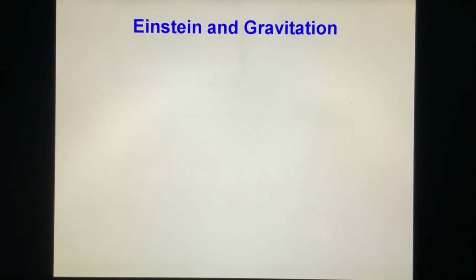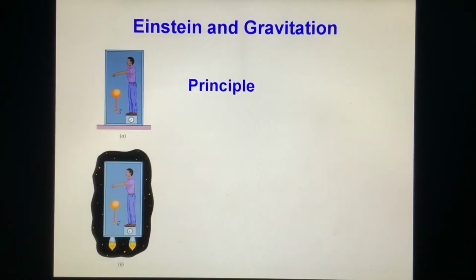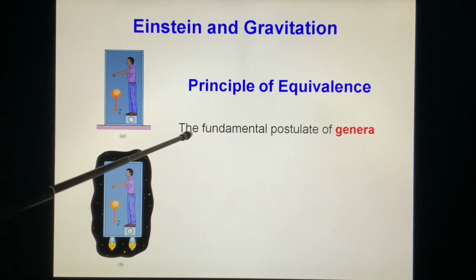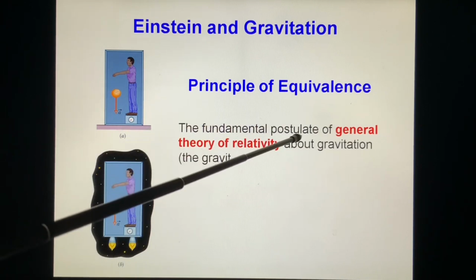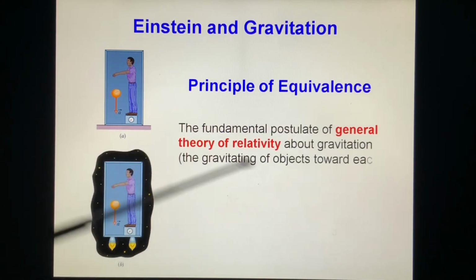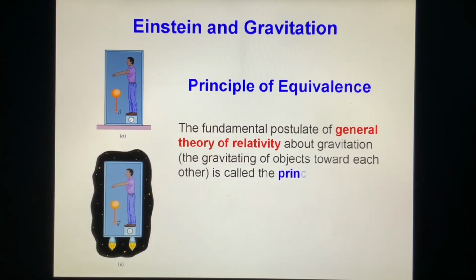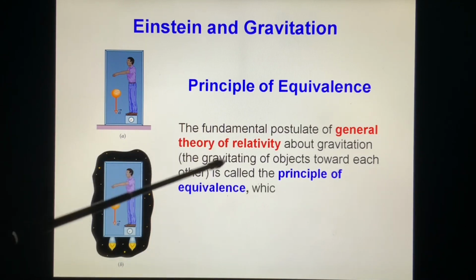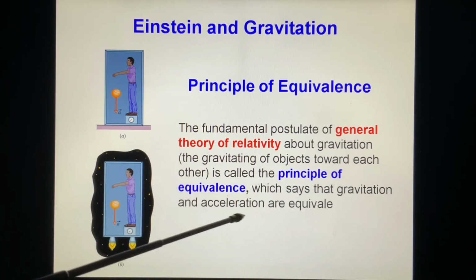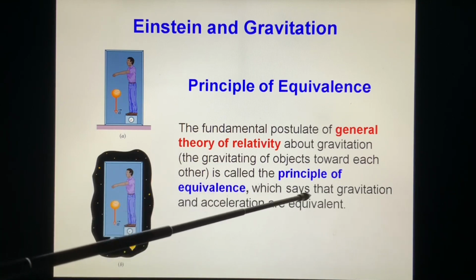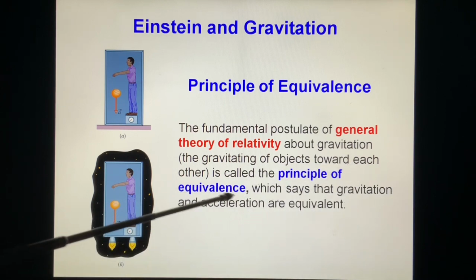Einstein and gravitation. Principle of equivalence. We know Einstein has the general theory of relativity, and a fundamental postulate of the general theory of relativity about gravitation is called the principle of equivalence. What is it? It sounds easy: it says that gravitation and acceleration are equivalent.